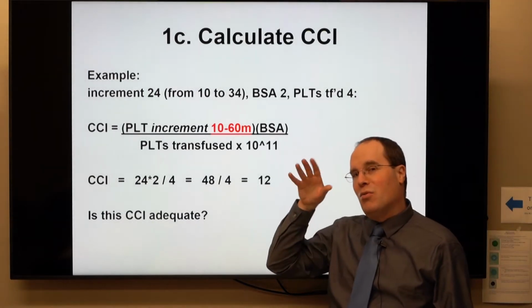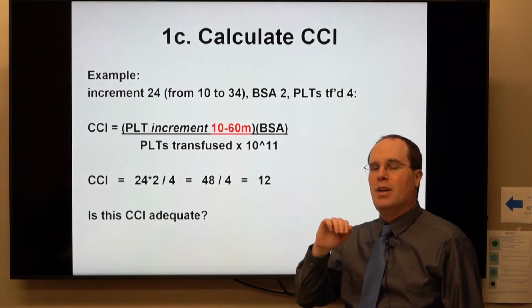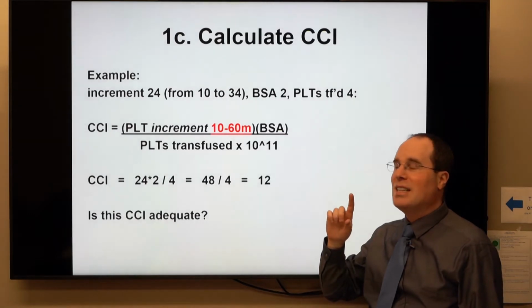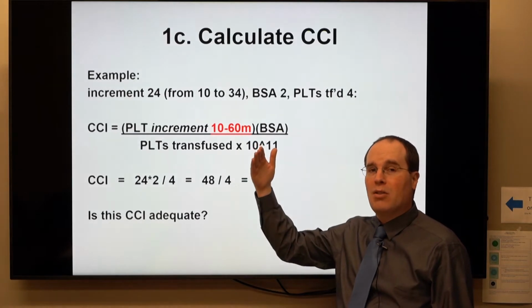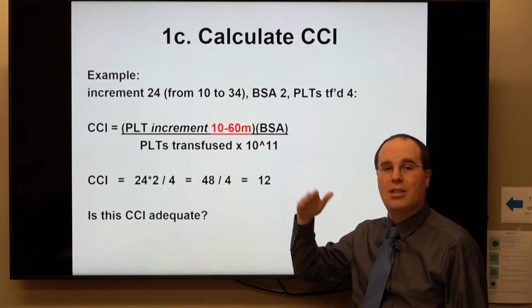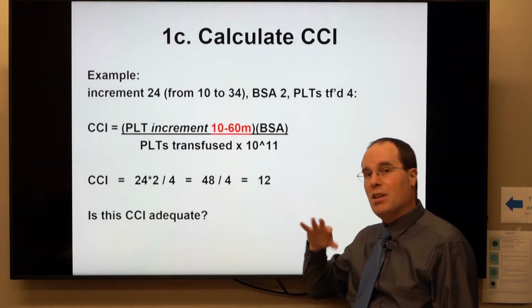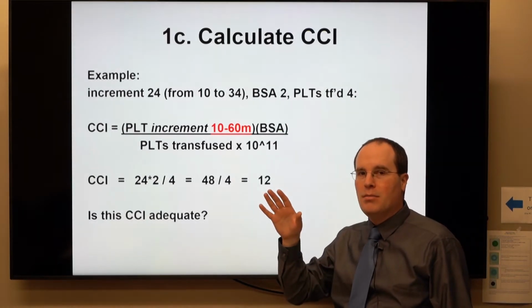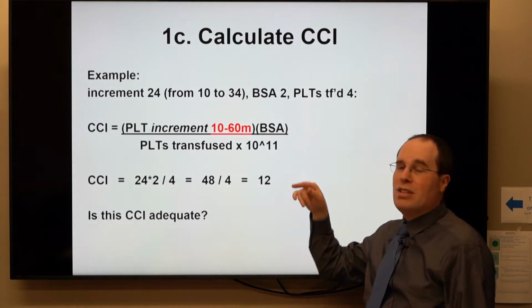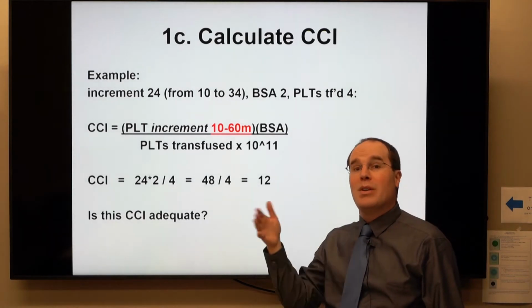And what I do as a rough, again very rough calculation, is I basically take the platelet increment, assuming it's 1 hour later or less, and then I just divide it by 2. Because usually the BSA is somewhere in the 1.5 to 2 range, and the number of platelets transfused is somewhere in the 3 to 4 range.